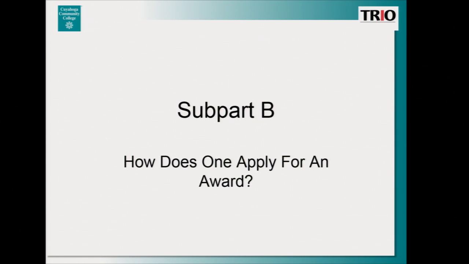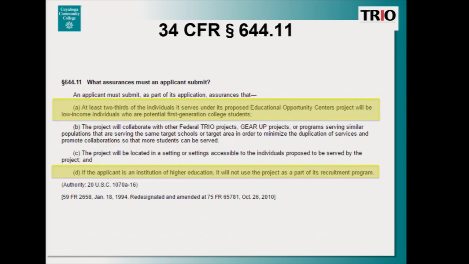Subpart B, how does one apply for an award? The most important section of Subpart B is Section 644.11, where it discusses the assurances your institution or organization committed to when your program submitted your original proposal.